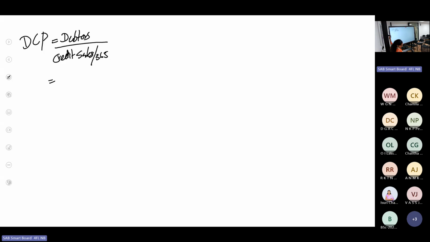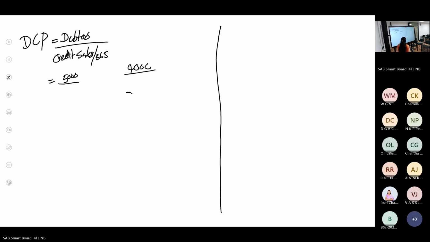Debtor balance is 5,000, and for the other year 4,000. Credit sales 50,000 and 45,000.